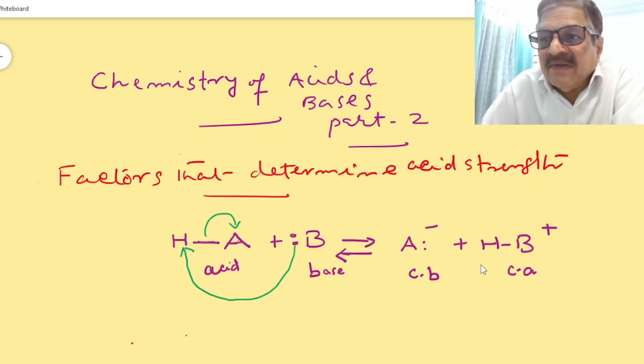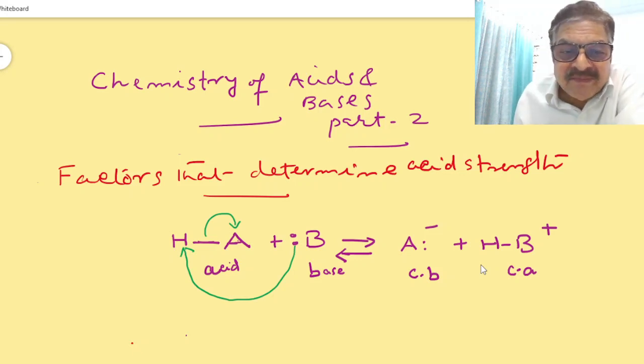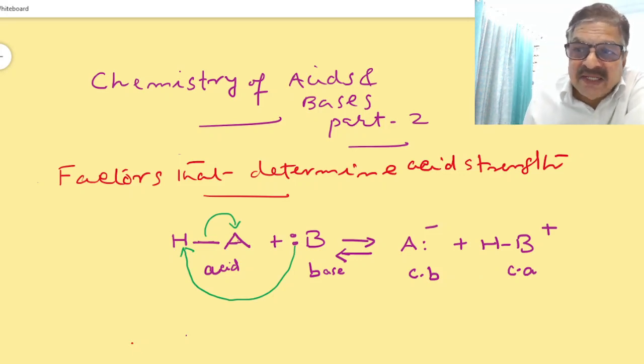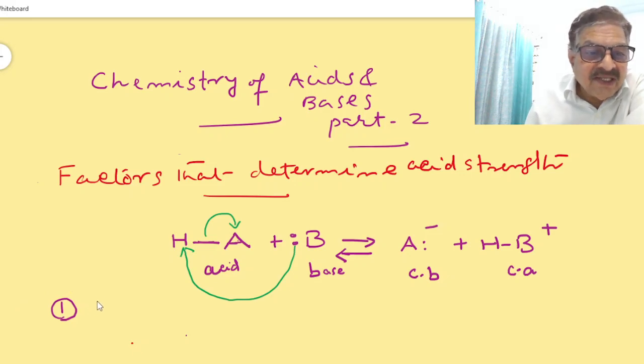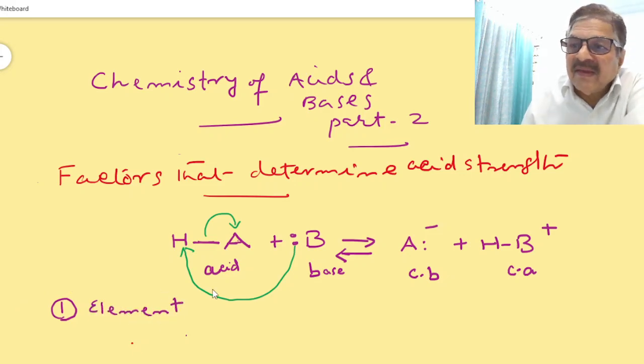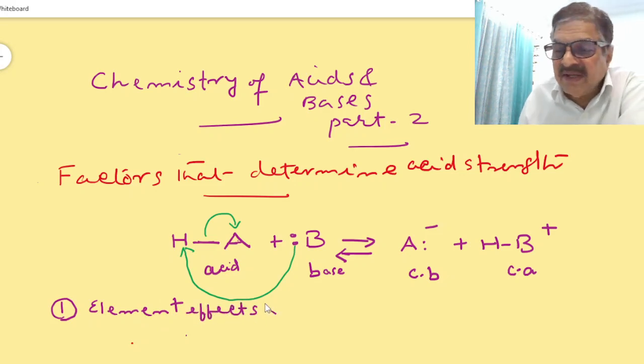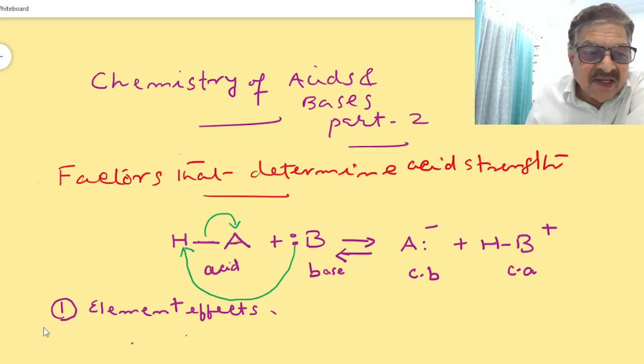Now, we can mainly identify 4 different factors. One is the periodicity, that is the position of the element A in the periodic table. That is called element effects, which I will explain to you.